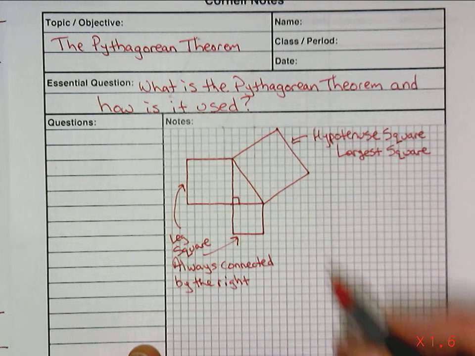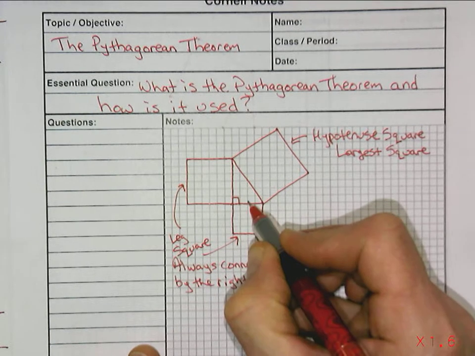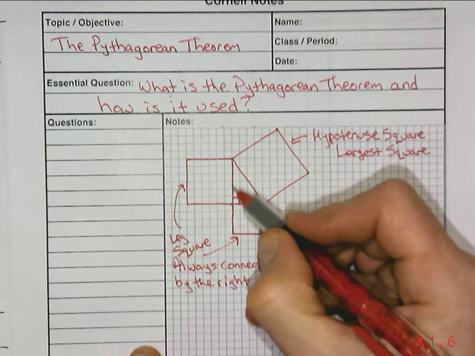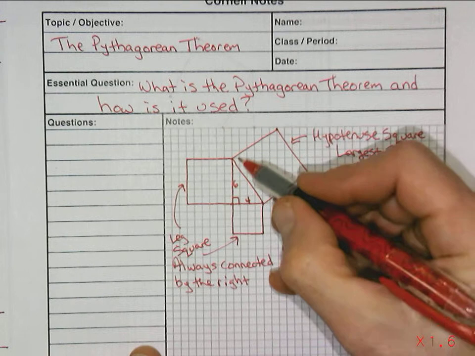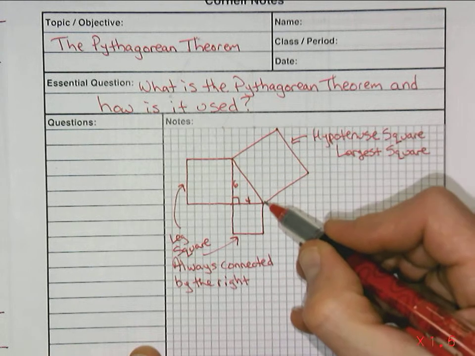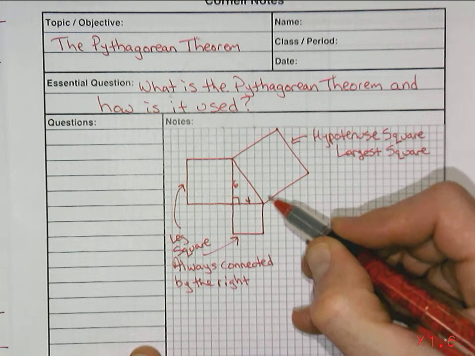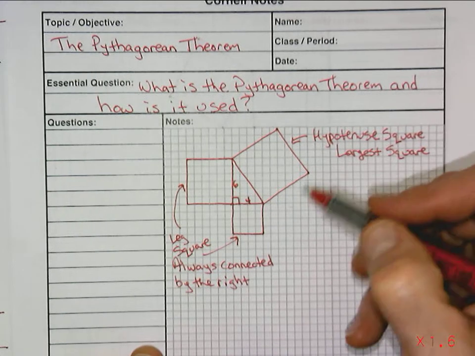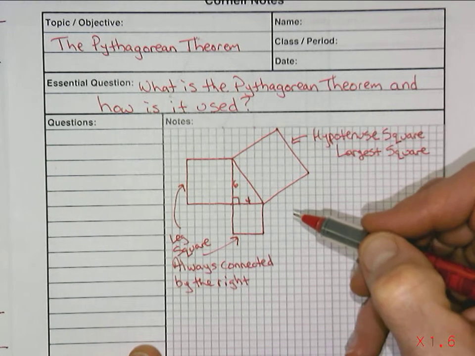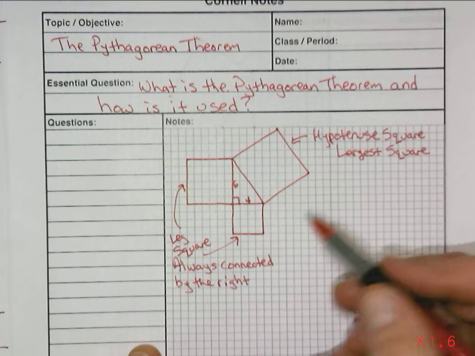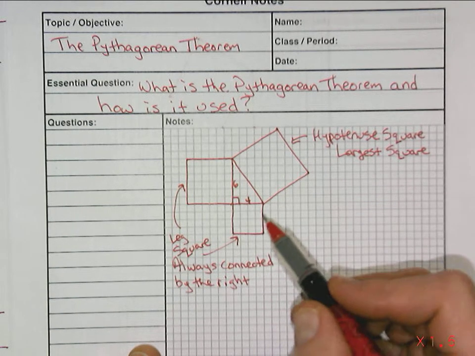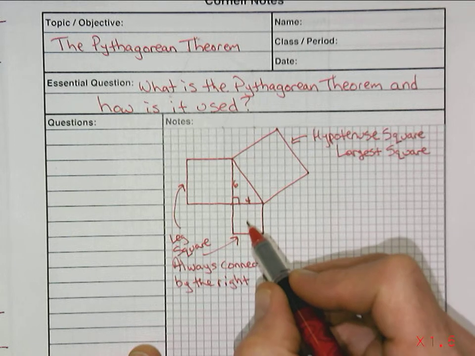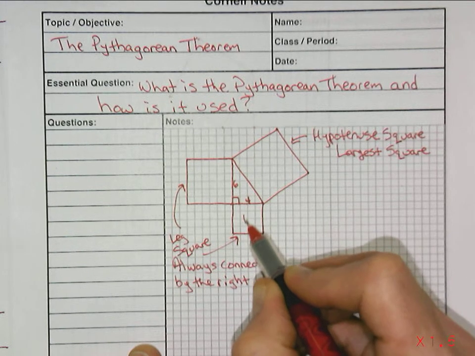Now if we just look at some of these parts, like this leg length is 4 and this leg length is 6, and right now we don't know exactly what this leg length is, but in just a moment we'll be able to figure that out using the ideas that we'll use in the Pythagorean theorem. So if we find the area of these 3 squares now, this square's area is 16.